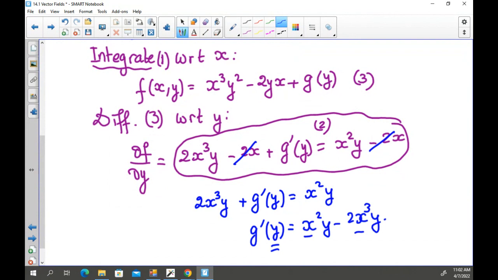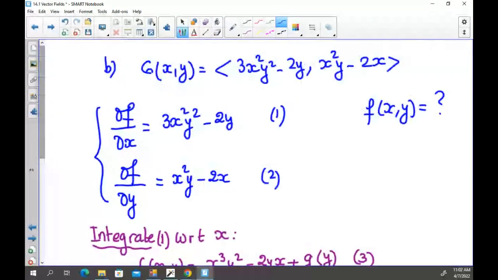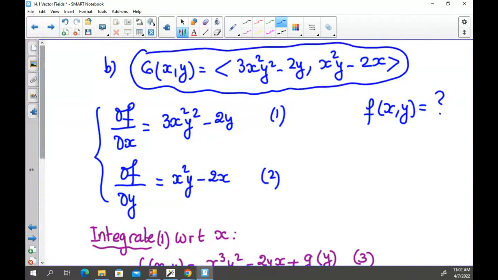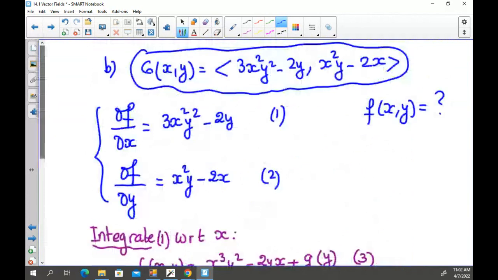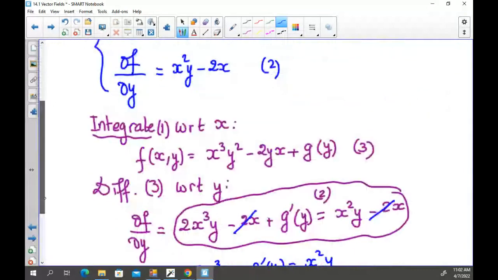So what does this mean? Not conservative. It's not conservative. There is no potential. This function g, vector function here, has no potential.